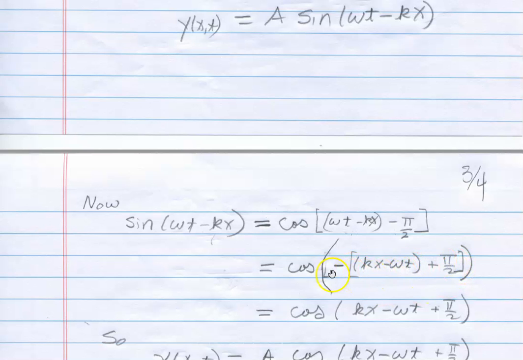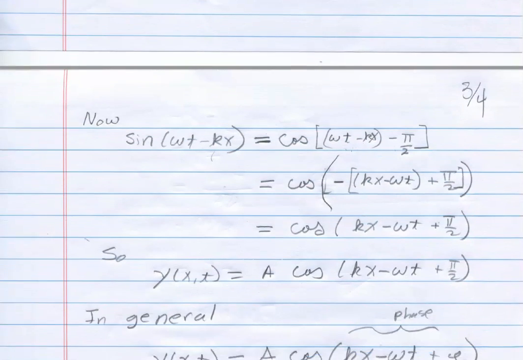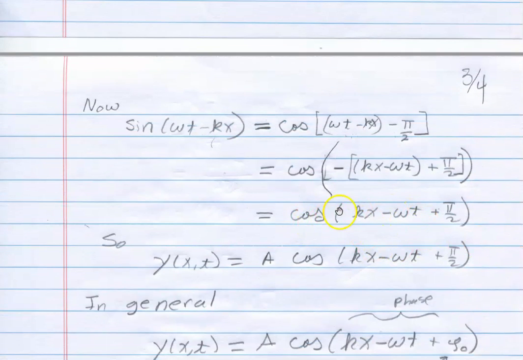I can factor a negative sign out of all of this, so minus sign, we put the kx first, and this minus, and then the minus here, pi over 2. So I could write this in terms of a cosine, pretty much up to me. But now the cosine has been shifted by this pi over 2.